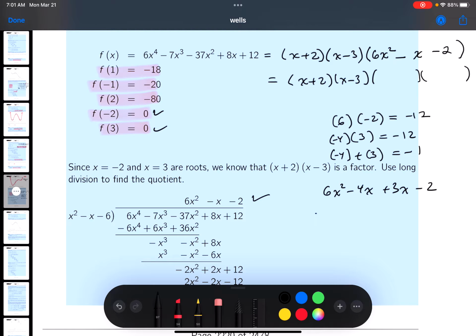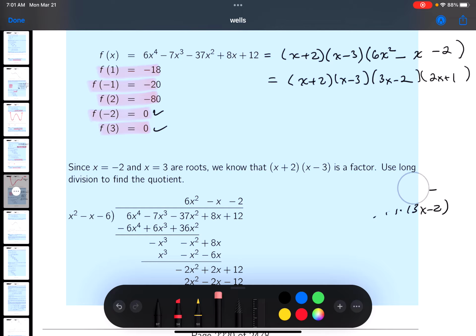What do you get? 2x times 3x minus 2, plus 1 times 3x minus 2. I know my factors now: 3x minus 2, and then 2x plus 1. Get my eraser out. Let me start writing the roots down now. Where are the roots going to be? As follows.